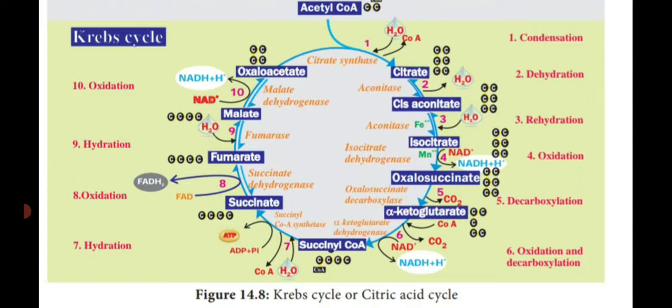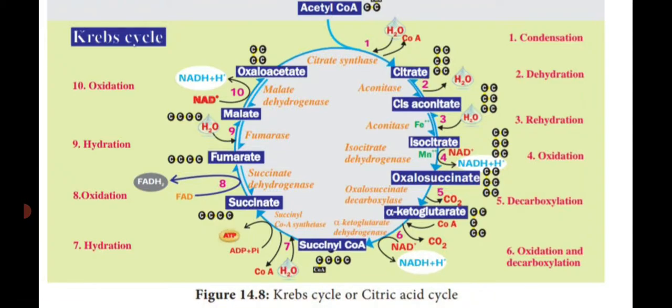Isn't it oxidation? So you have already studied in the 4th step, 6th step and the 10th step, the NADs get reduced into NADH2. This process of isocitrate to oxalosuccinate takes place in the presence of the enzyme isocitrate dehydrogenase.